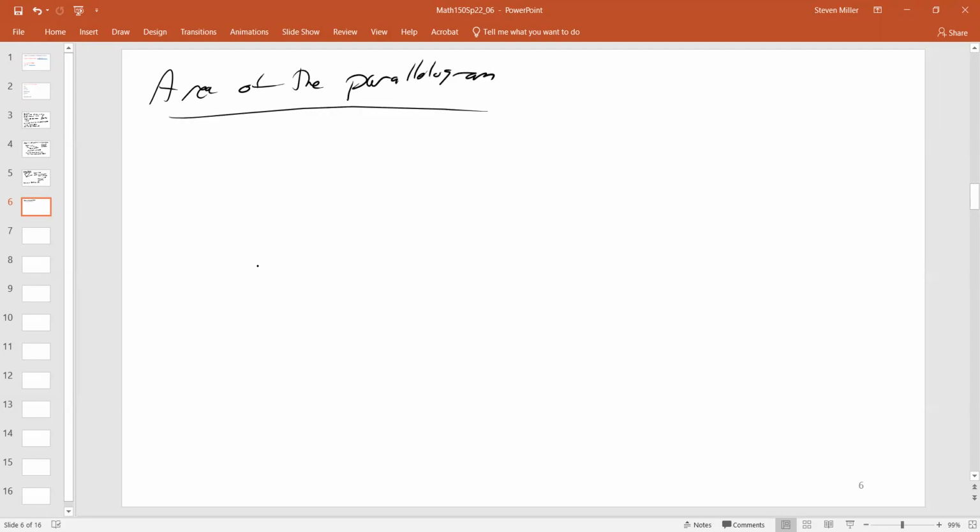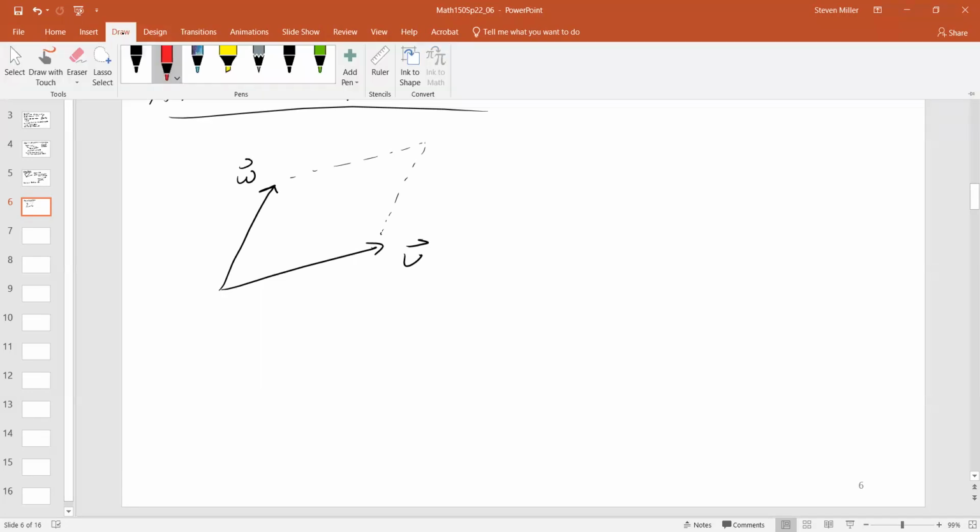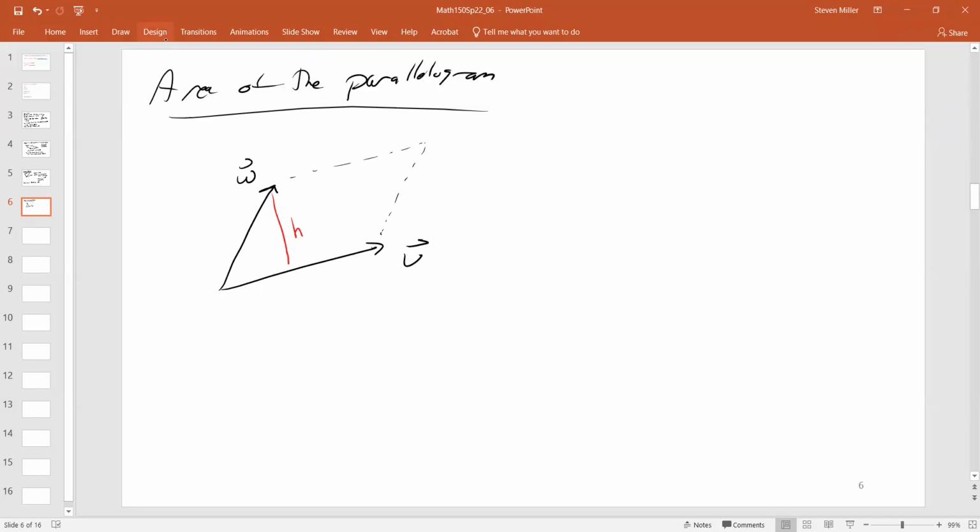So here's V, here's W, here's my parallelogram. Does anybody remember the formula for the area of a parallelogram? Base times height. All right, so I need to know the height. So how would I find the height?